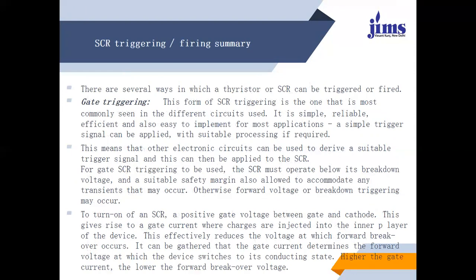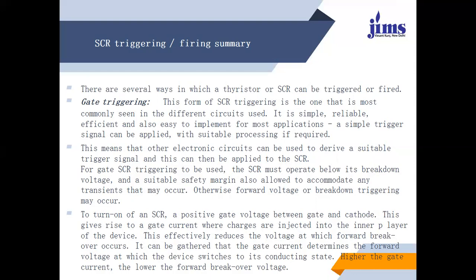The first method is gate triggering. This form of SCR triggering is the one most commonly seen in the different circuits used. It is simple, reliable, efficient, and easy to implement for most applications. A simple trigger signal can be applied with suitable processing if required.